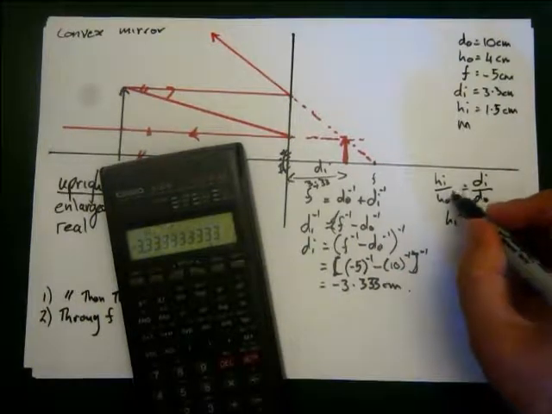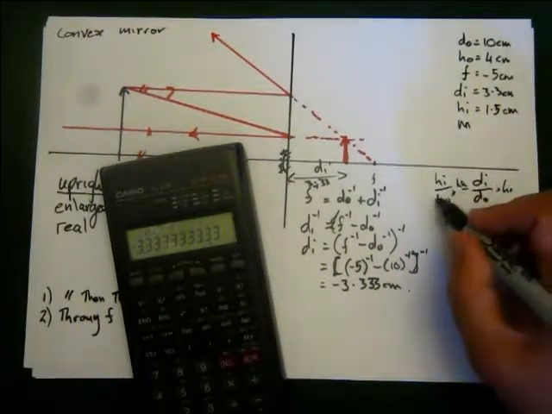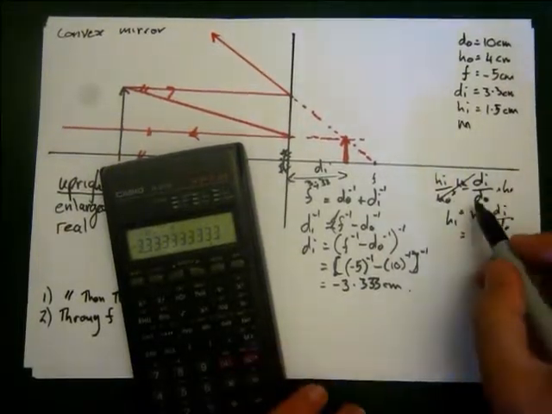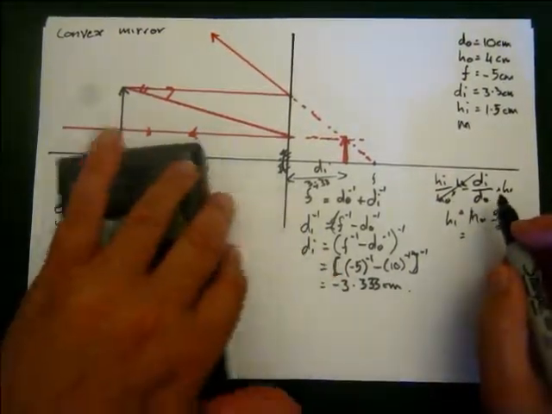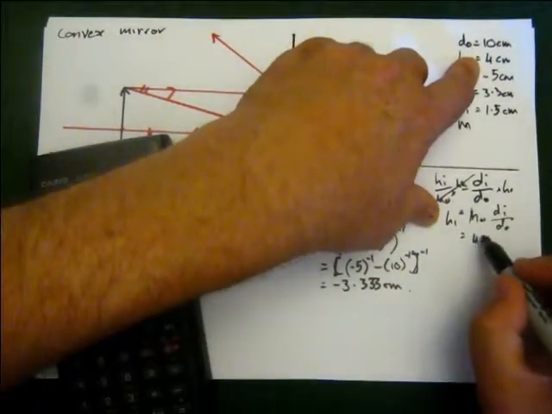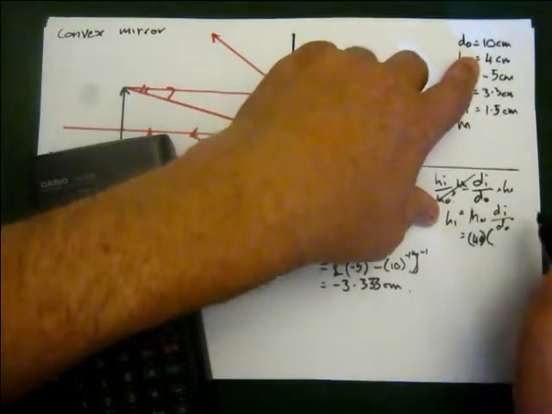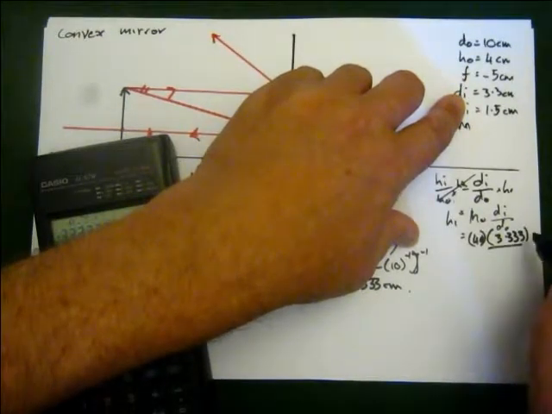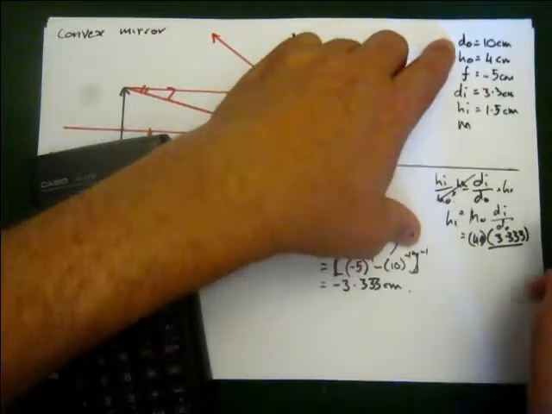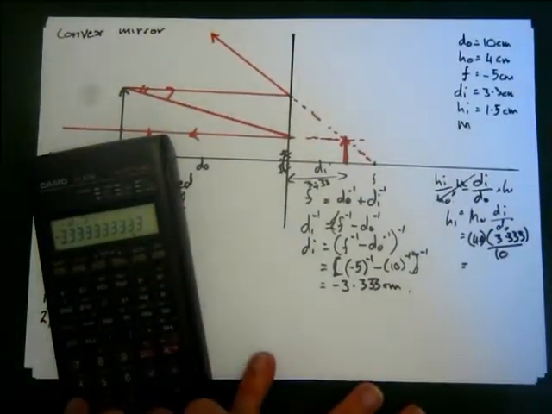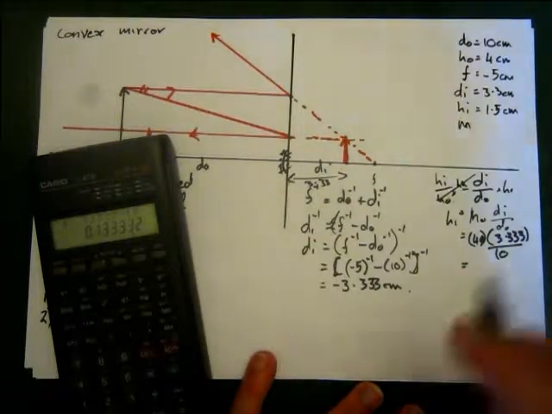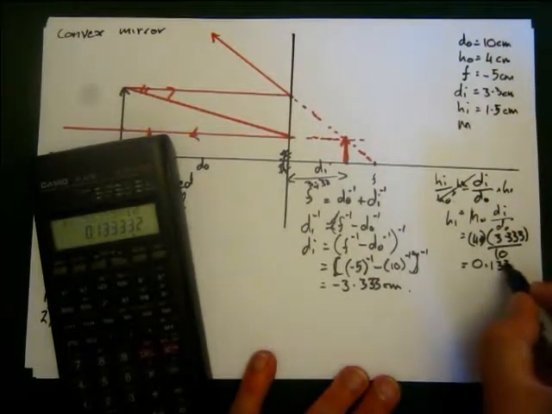So height of image equals HO times DI over DO, which is 4 centimetres times 3.333 over DO 10, equals 4 times 0.3333, equals 0.1333.